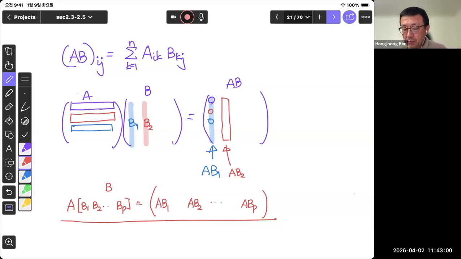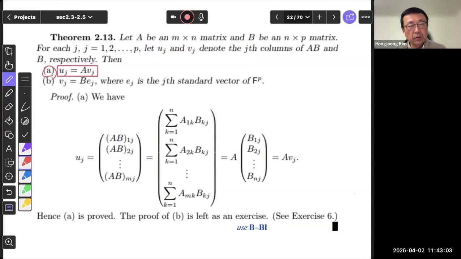So property A in Theorem 2.13 just implies that. If u_j denotes the jth column of the product and v_j denotes the jth column of the B matrix, then A times v_j will be the jth column of this product, as I said. So that's the first claim.